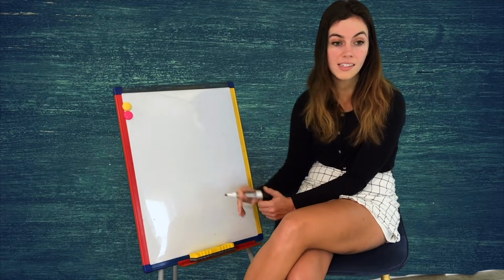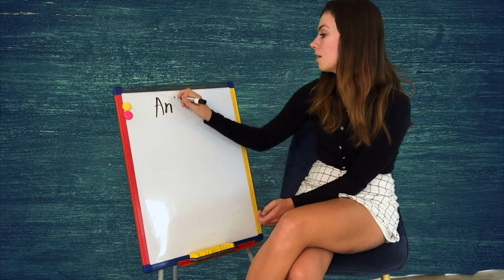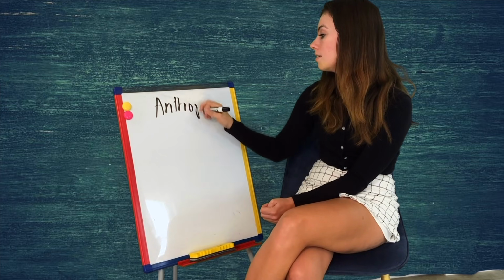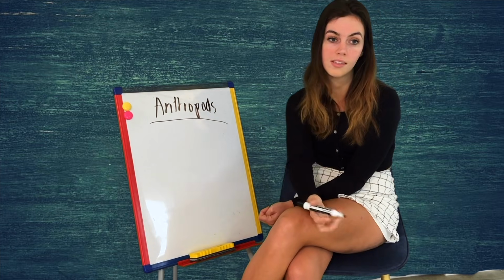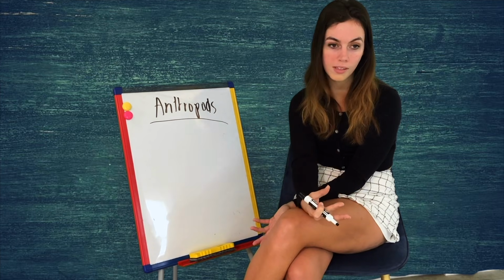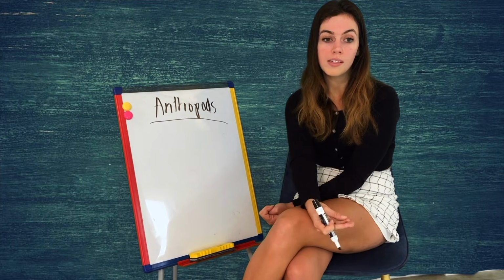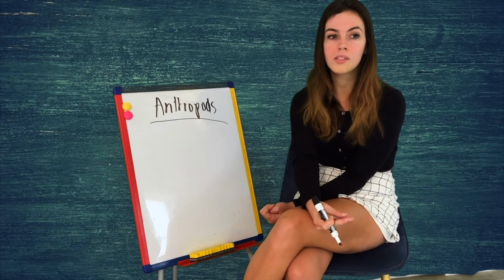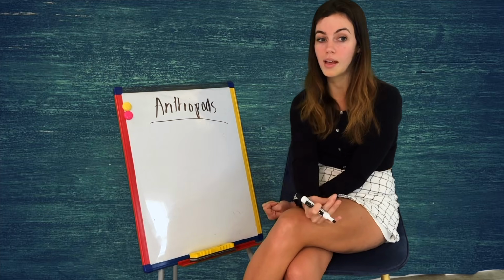So the next category that we're going to talk about is arthropods. So with arthropods, this is the largest group of invertebrates. So the bodies are segmented with jointed legs. Most can feel, taste, and smell.